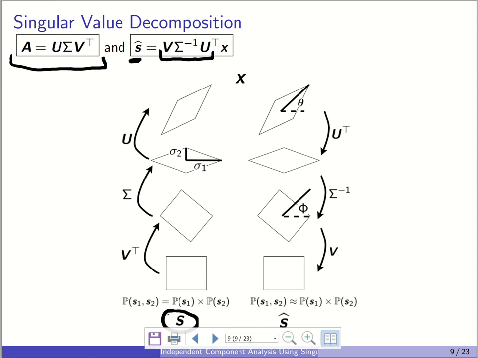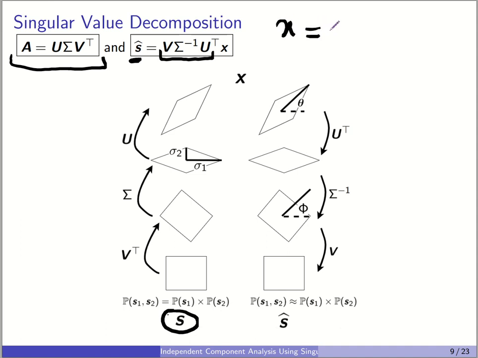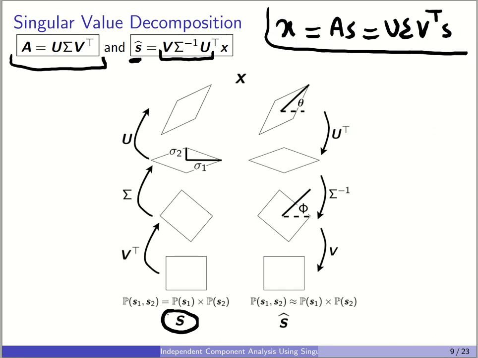We have S. Do you remember, X was AS, so it was U sigma V transpose S. Therefore, first we start with this. The left side of the figure is about this equation. The right side of the figure is about this equation.